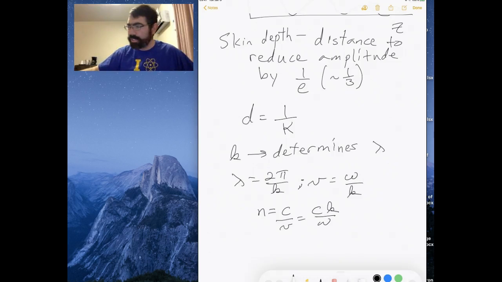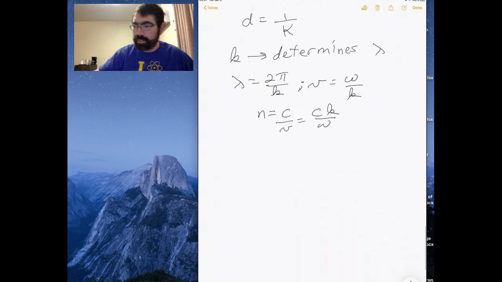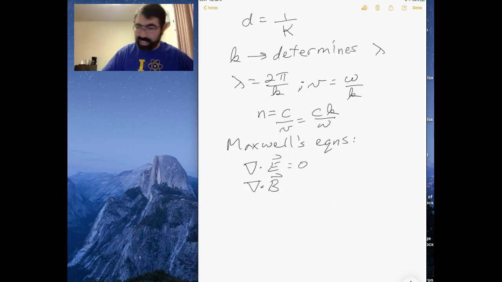So if we go back and take a look at Maxwell's equations, the first two of Maxwell's equations still say that our wave is transverse.